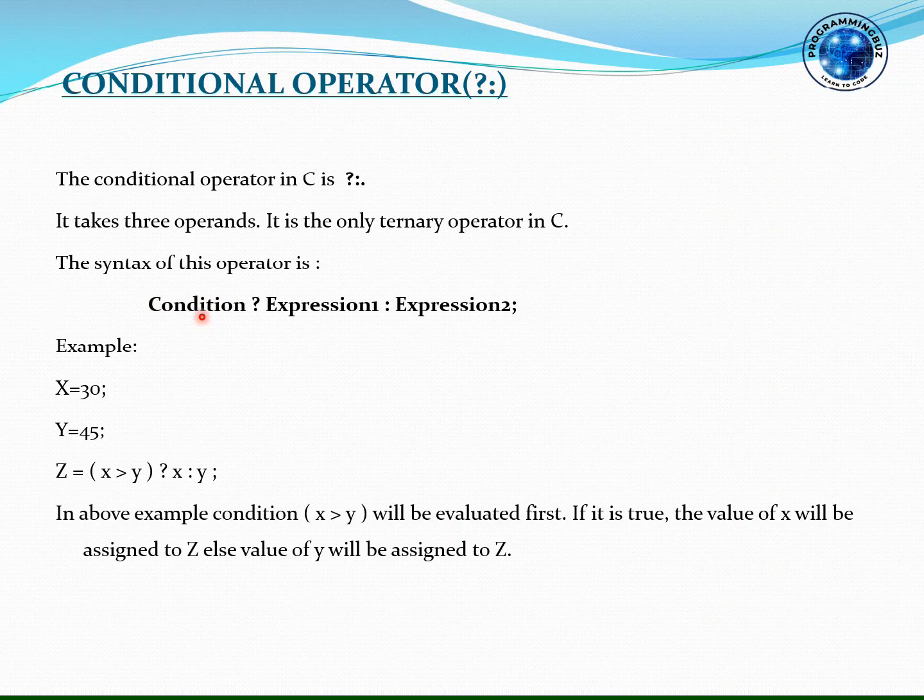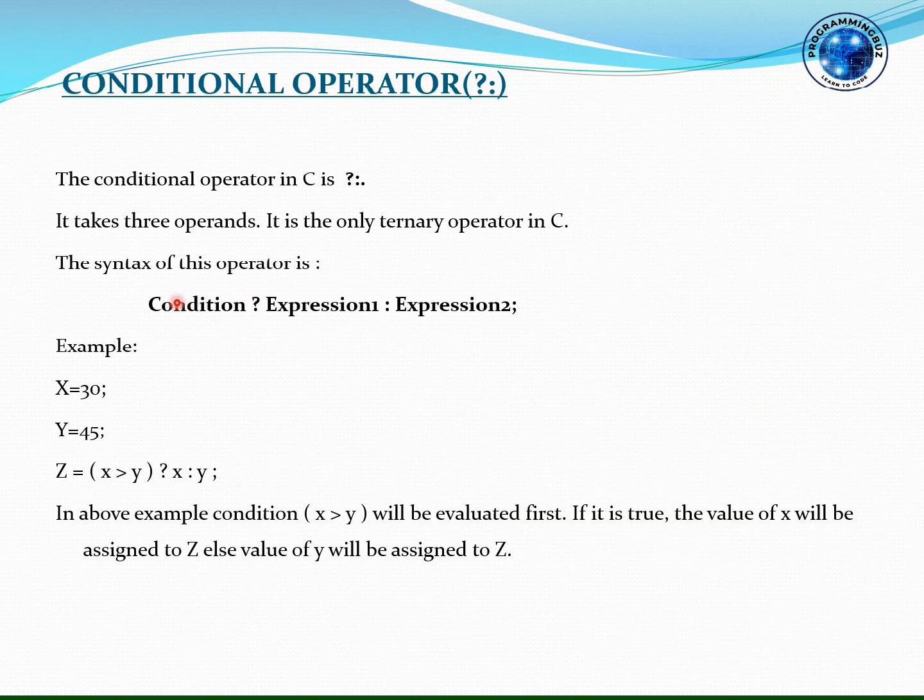This condition will give you the result either true or false. If this condition is true, then the result of this operator will be expression 1. That means if the condition is true, then expression 1 will be evaluated.